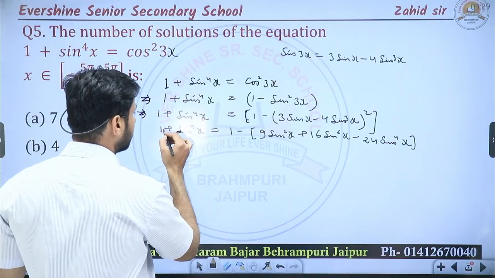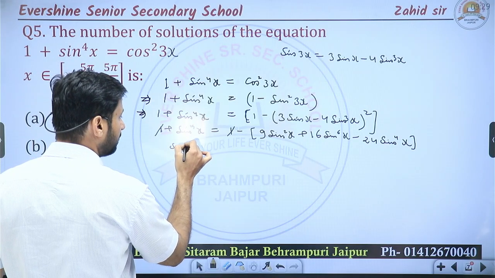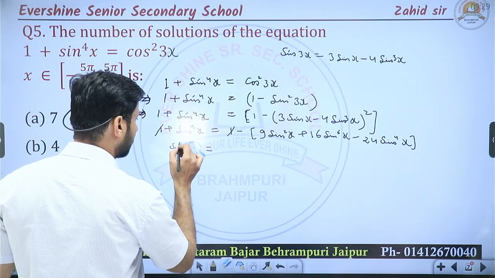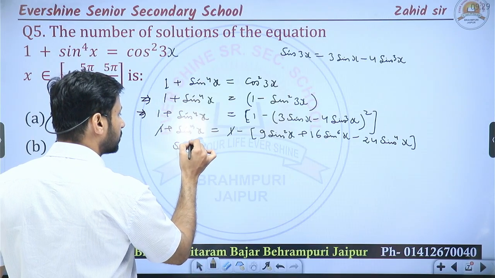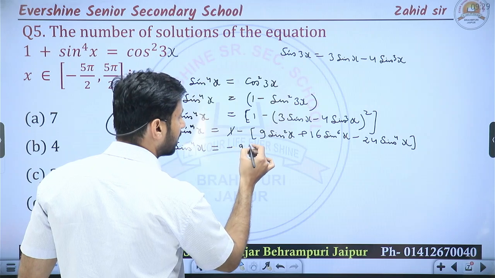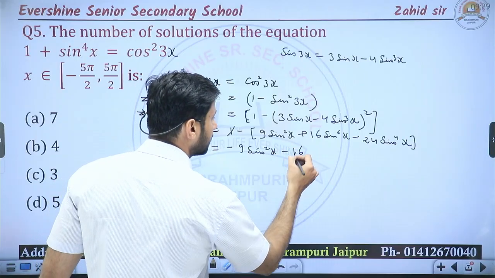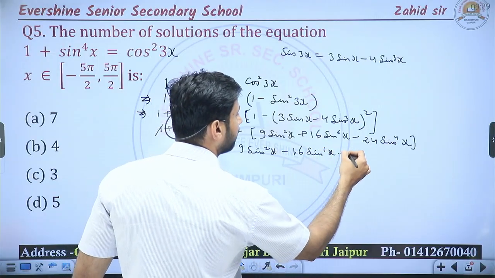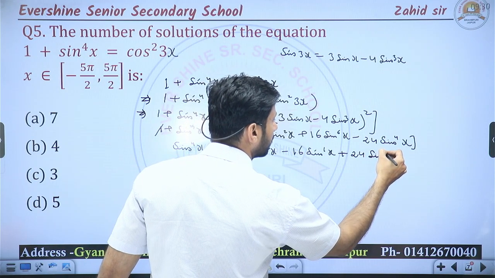Now simplify it. This one will be cancelled by 1. Now sin raised to the power 4x equal to minus 9 sin square x minus 16 sin raised to the power 6x and plus 24 sin raised to the power 4x.